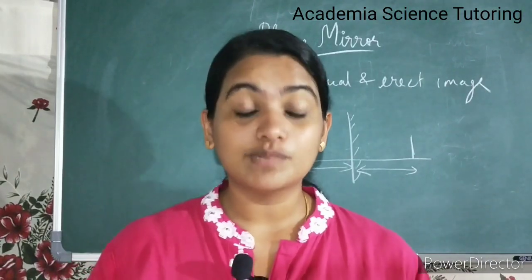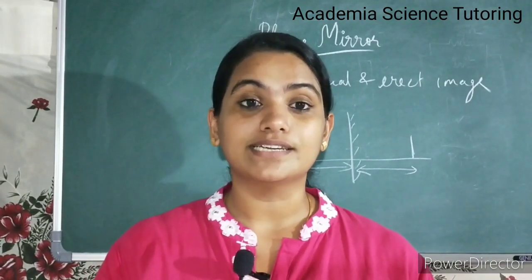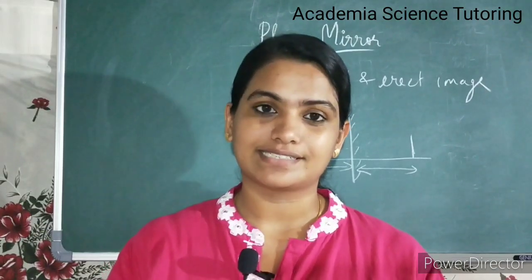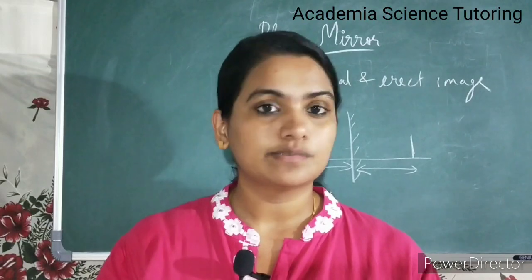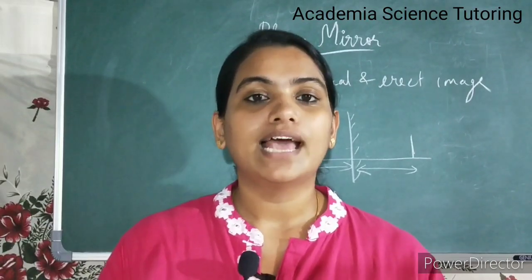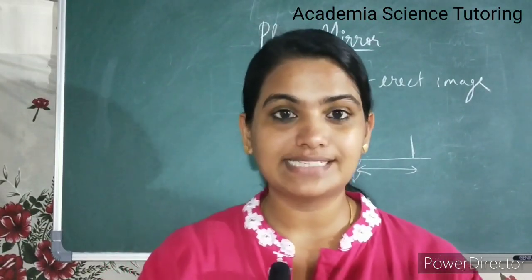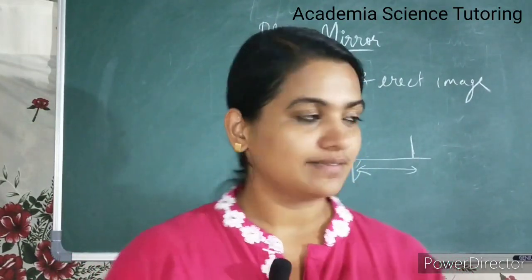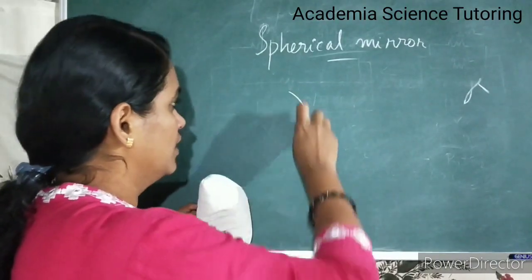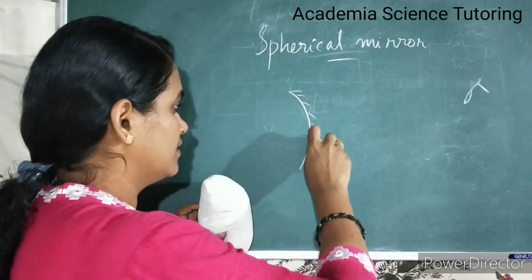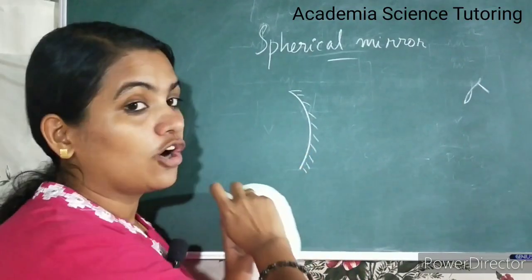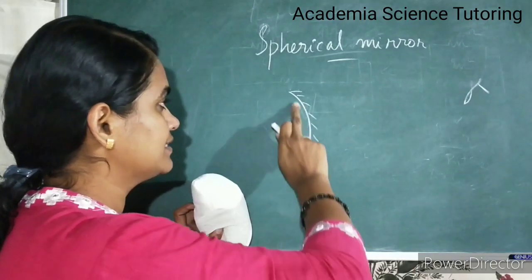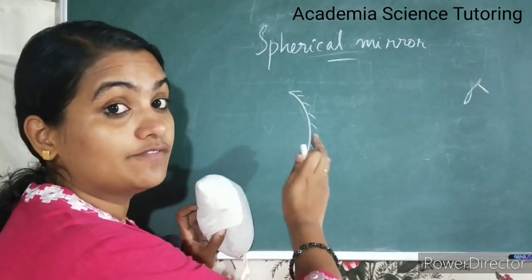The next type of mirror is the spherical mirrors, which have spherical reflecting surfaces. There are two types of spherical mirrors, the concave mirror and the convex mirror. Let's see what is the difference between a concave mirror and a convex mirror. This is a concave mirror, which has its reflecting surface curved inwards.